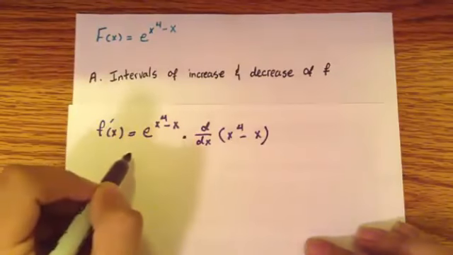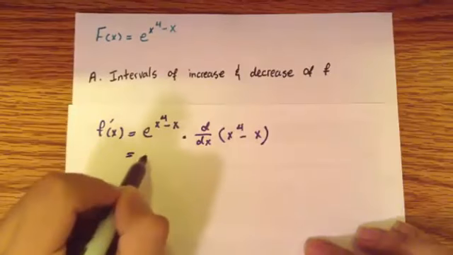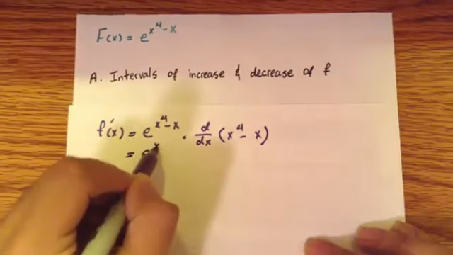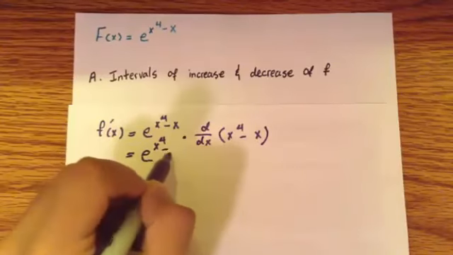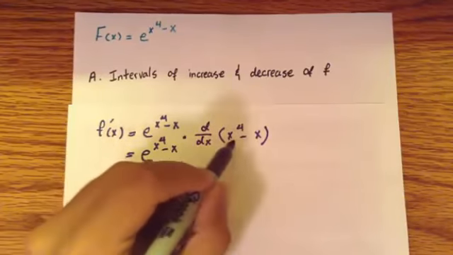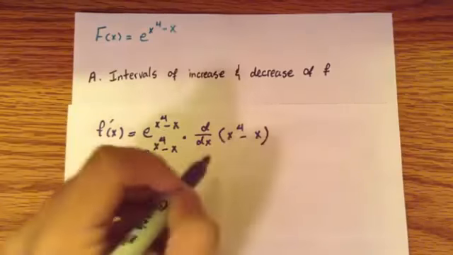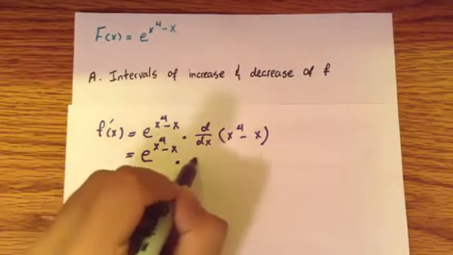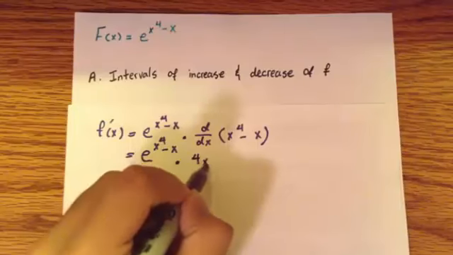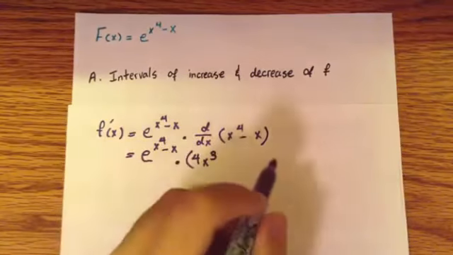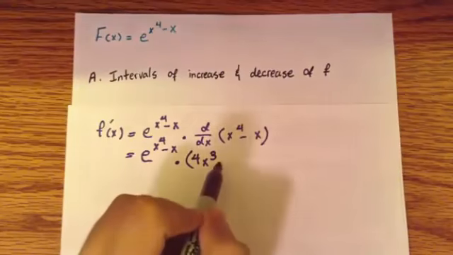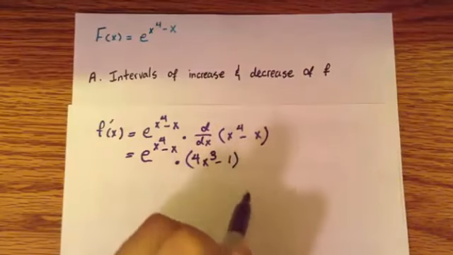That gives us 4x cubed, we drop the power by 1, and x turns into negative 1.